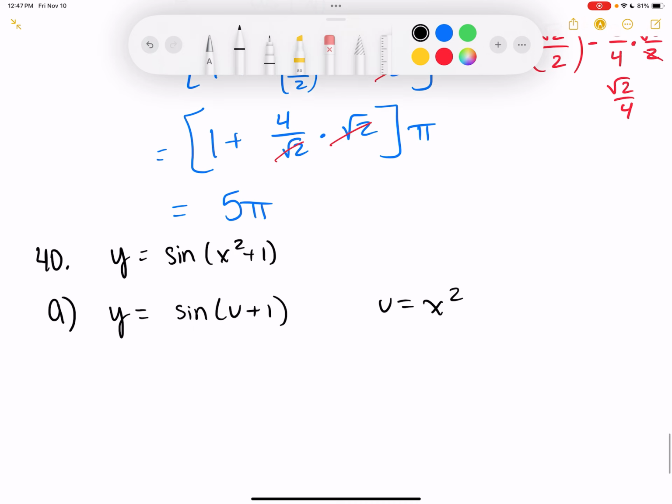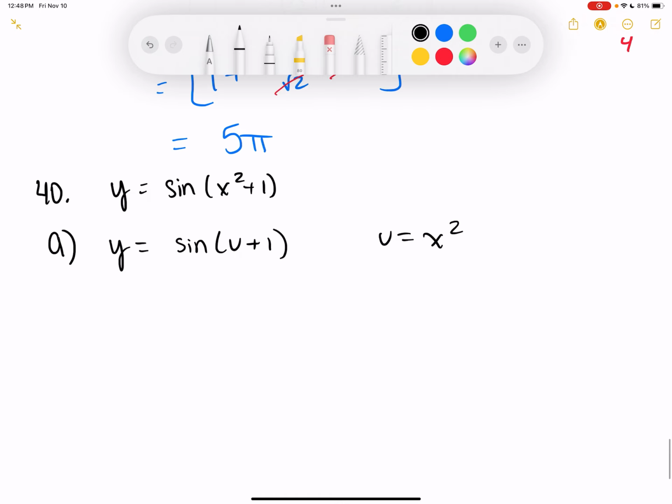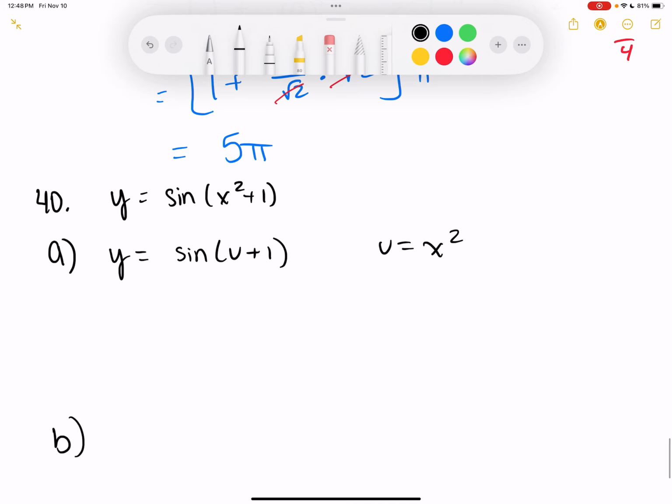And then the second time they want it done, and it's only going to take 2 lines, y is equal to the sine of u, and u is equal to x squared plus 1. So basically we're doing the same problem 2 different ways.